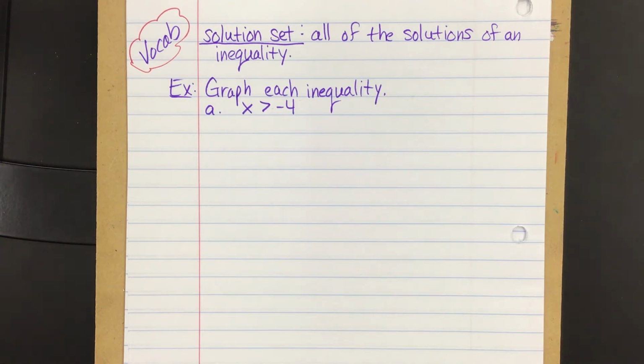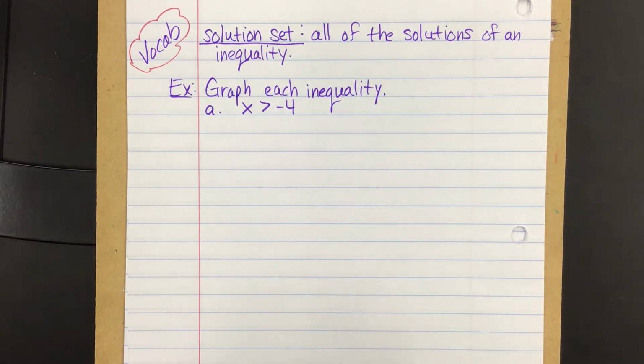But -3 is greater than -4. -2, -1, 0, 1, 2, 3, and so on. These are all greater than -4. The other things that are greater than -4 are all of the fractions and decimals in between. So -3.999999 on infinitely would be a solution to this, because it's greater than -4.